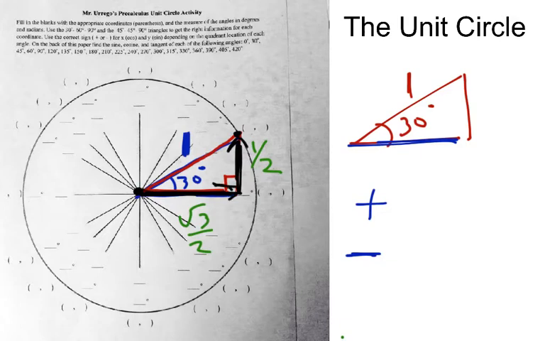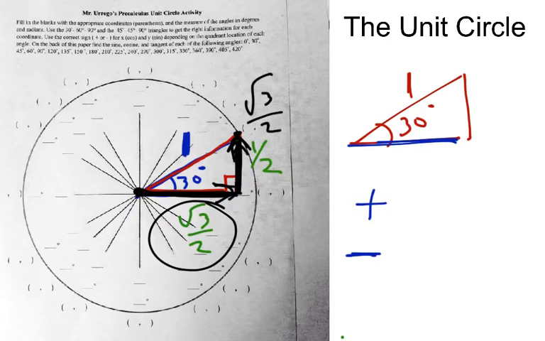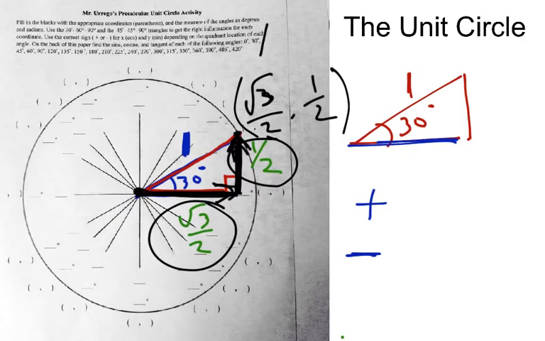Origin, I go x, and then I go y. Alright, but my x is square root 3 over 2. And then when I go on y, it is 1/2. So the coordinates of that point are square root 3 over 2, comma 1/2. So this is your x, and this is your y.